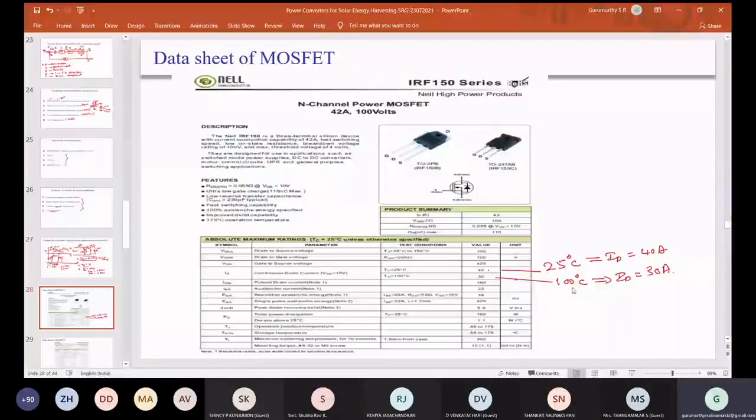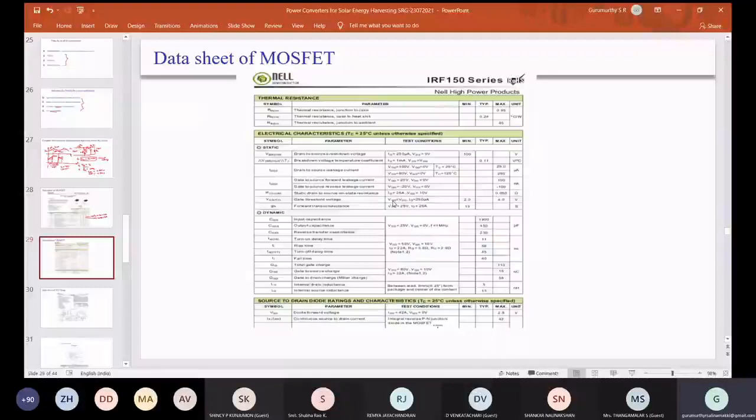Then the voltage rating is there, VDS, off state voltage and things like that. All these details are there actually. You can see this is the test conditions of 100 volt. Then you have to decide the frequency based on this.